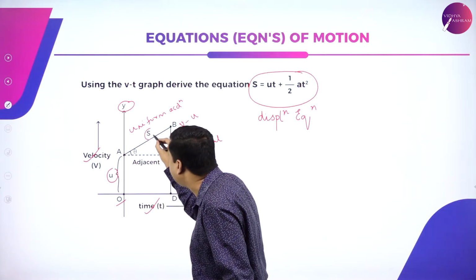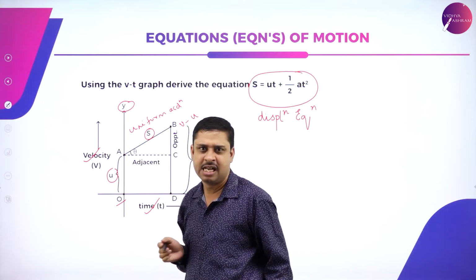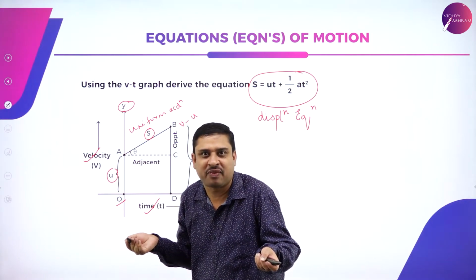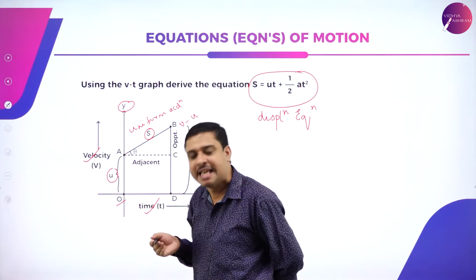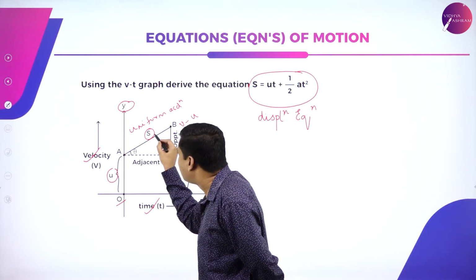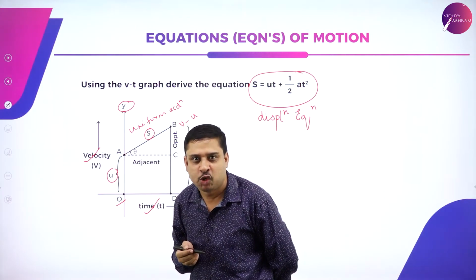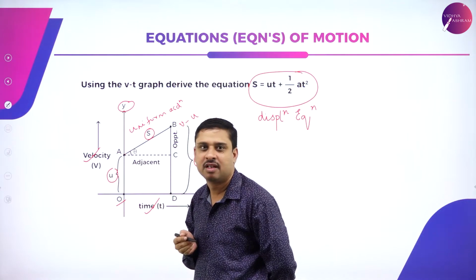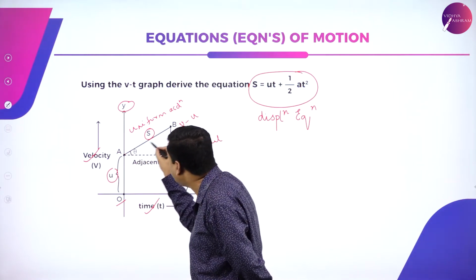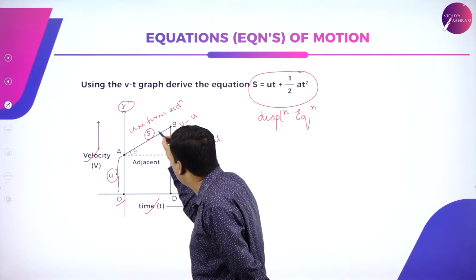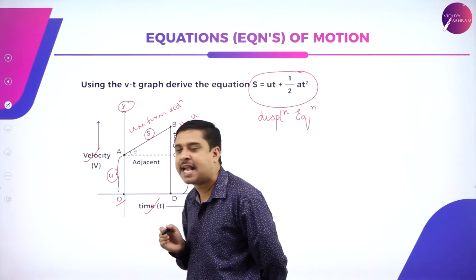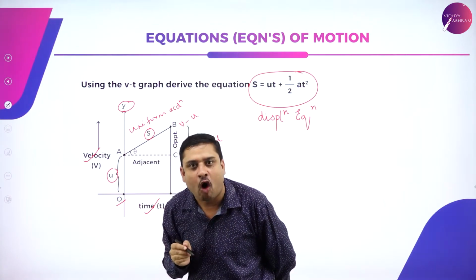I have to calculate S. It is the displacement equation that we are deriving, isn't it? Yes. So S has to be calculated, which is the uniform displacement along AB.